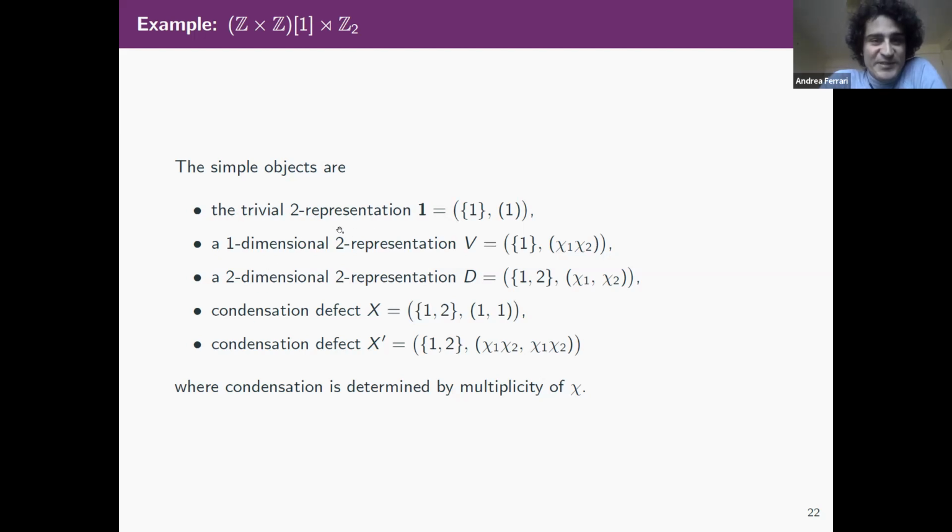We have a trivial 2-representation, a one-dimensional 2-representation with some character on top, a two-dimensional 2-representation with other characters, and then some condensation defects, which are determined by the full orbit O and a collection of characters. Particularly here the character chi appears twice, so it has multiplicity 2, so it's a condensation defect, and the same happens for chi1.